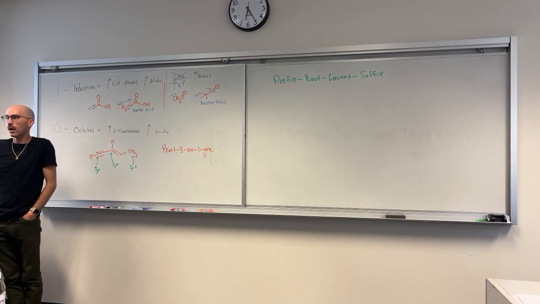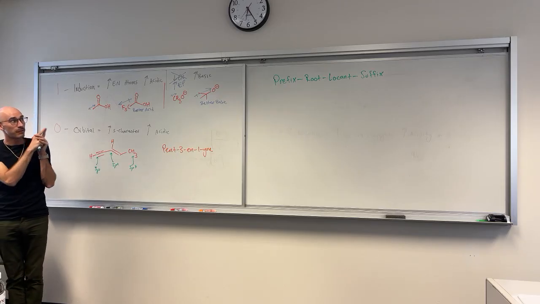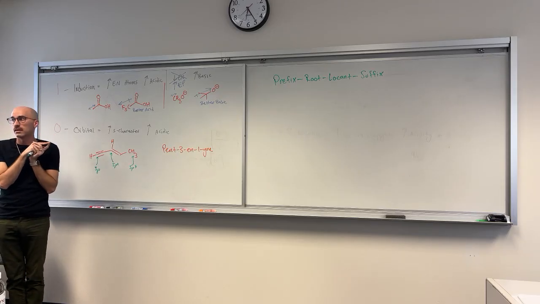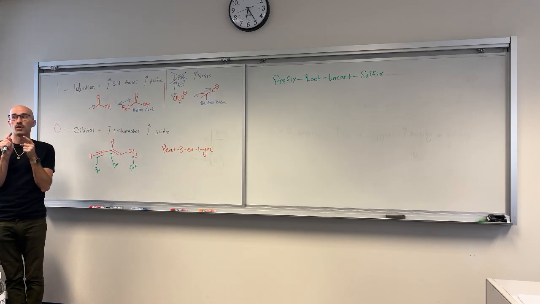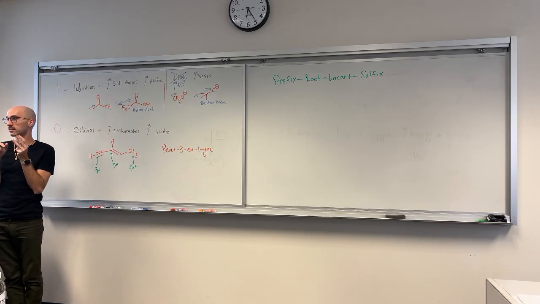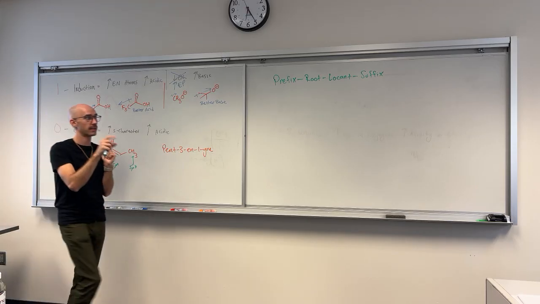This is our very simplified basis. To be fair, the prefix can have multiple components that have their own root, locant, and suffix. And this is not touching on multipliers when you have a suffix that appears multiple times, so you need di, tri, tetra, etc.